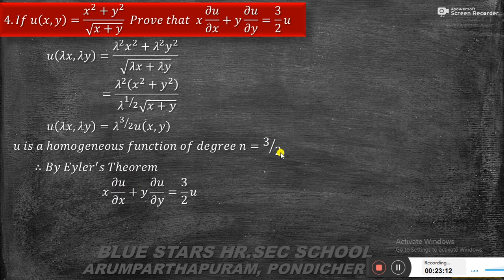The n value is 3 by 2, I substitute 3 by 2 into u. Okay, so this is we proved our given result, that means x into ∂u/∂x plus y into ∂u/∂y equal to 3 by 2 u. This is the answer for the given problem.